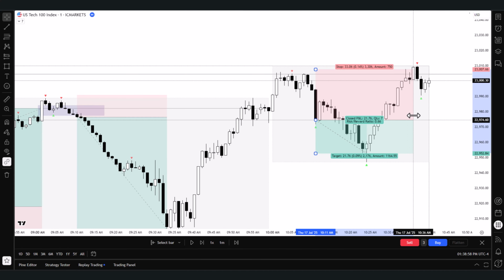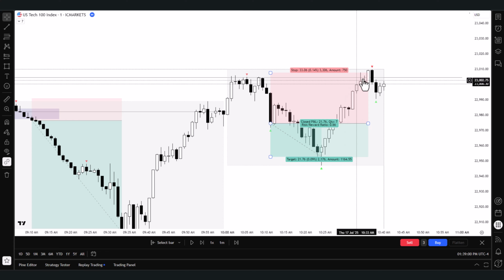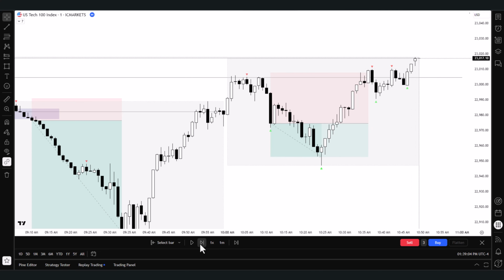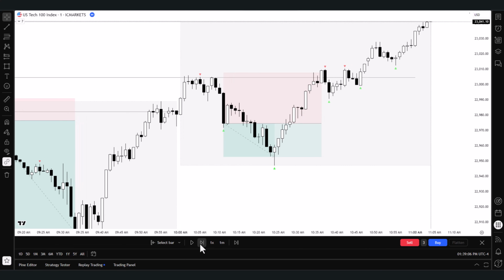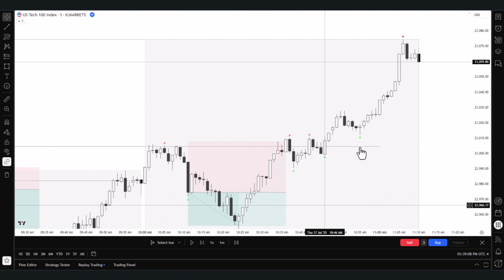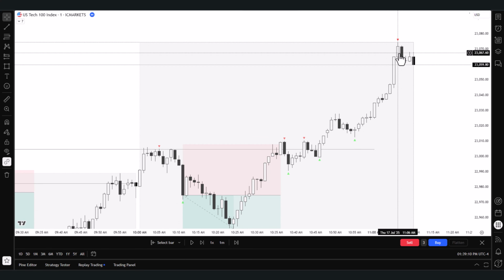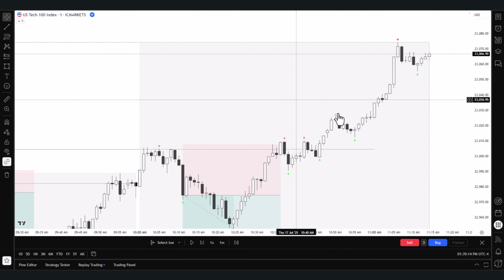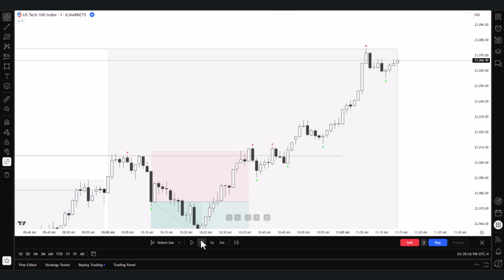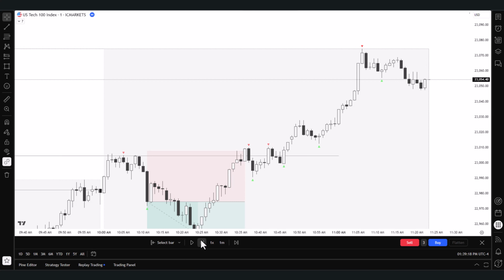So here's our SL. Price aggressively moved up. 11:17, so out of our macro timing.